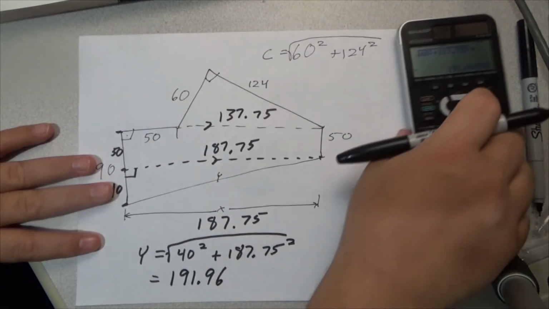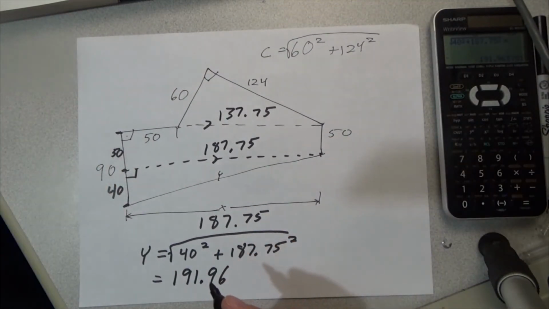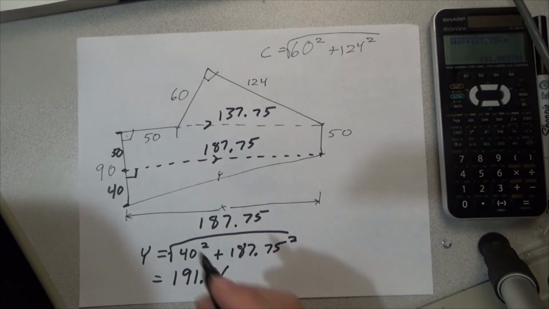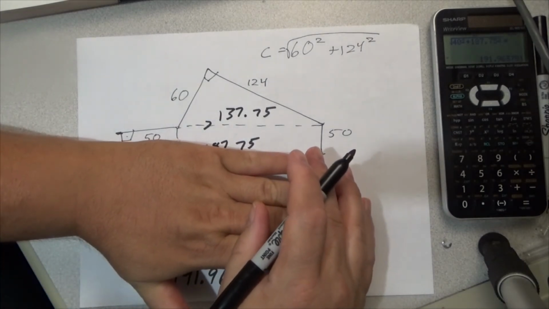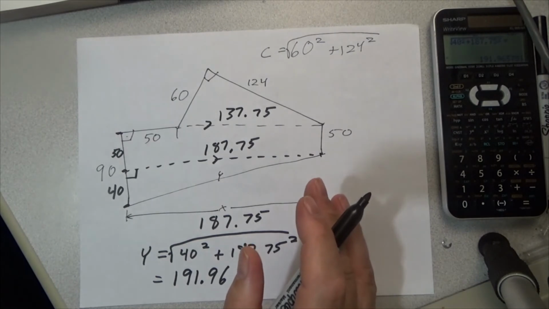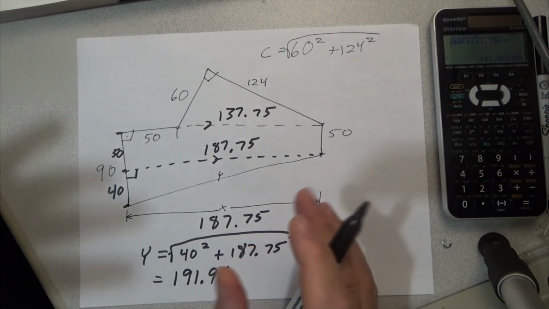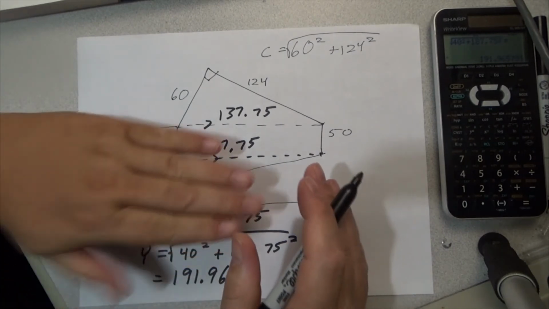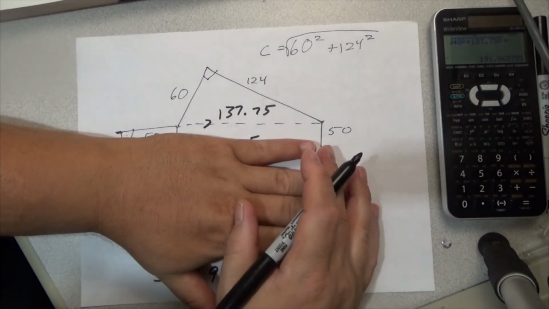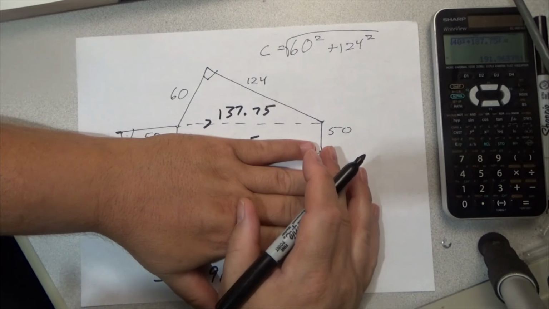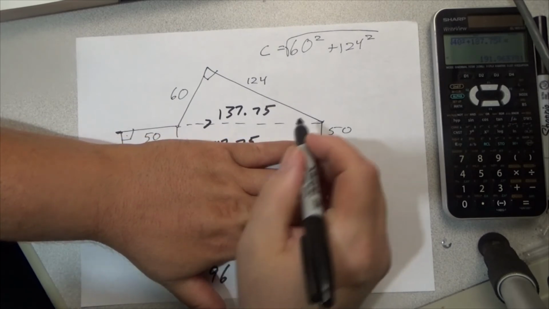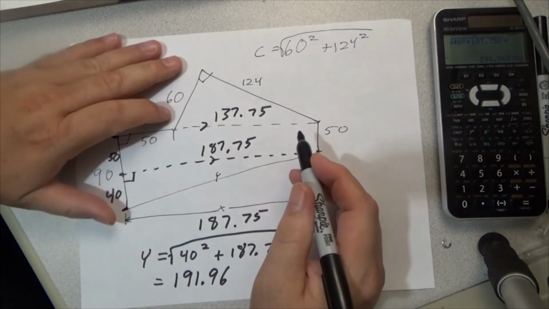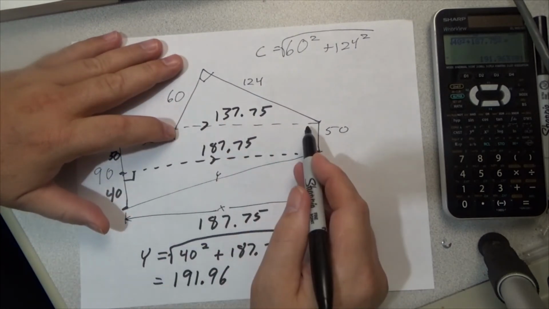Okay, so with this figure, in our mind we can only look at certain parts of it at a time. Don't try to look at the whole figure as one great big thing. First, we only looked at this right triangle right here, and we used the Pythagorean theorem on it to find this side.